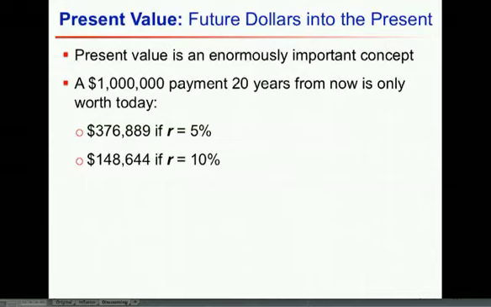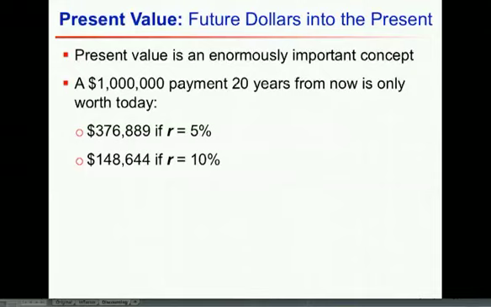And this is a very important concept, because if you don't discount, you really are getting the numbers way off. To give you some idea, think about $1 million that you're going to get 20 years from now. That may sound like a lot of money. But if the discount rate is only 5%, that's actually only worth a little over a third, $377,000, today.